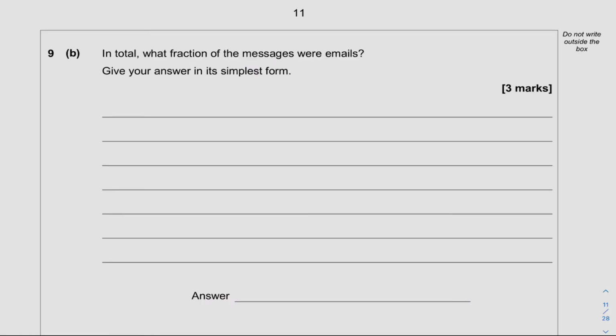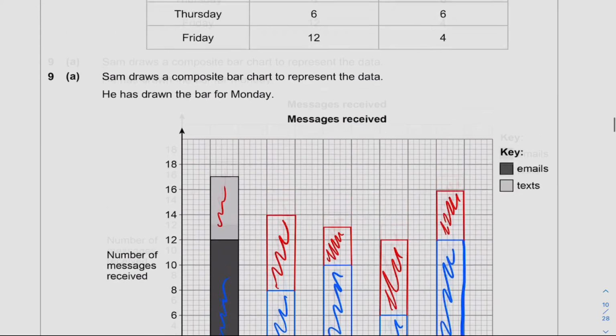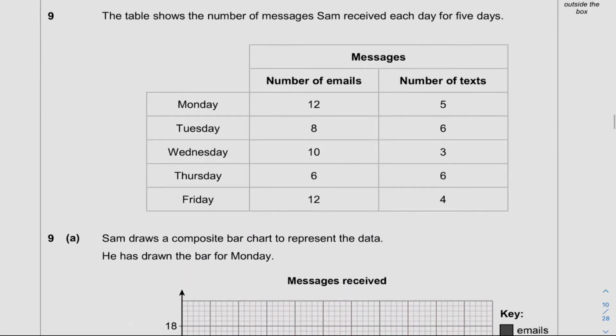So for question 9B, we are asked, in total, what fraction of the messages received were emails, and we need to give our answer in its simplest form. So if we go back to the original table, we need to count up the number of emails, and then we also need to count up the number of texts. Okay. So for emails, we've got 12 plus 8 is 20, plus 10 is 30, plus 6 is 36, plus 12 is 48.